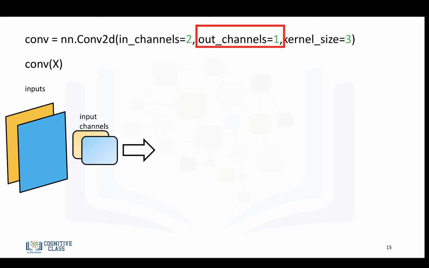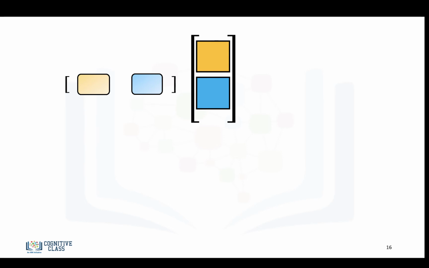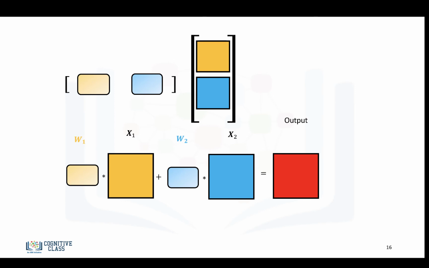We'll perform convolution with that kernel with the corresponding input channel, add the results together, and we'll get an output. I like to use a matrix analogy, where our parameters are like a row vector, and our input images are like a column vector, and we'll perform the dot product operation, but instead of performing multiplication, we'll perform convolution, and that helps me clarify what's going on.